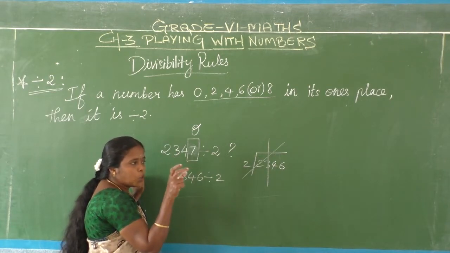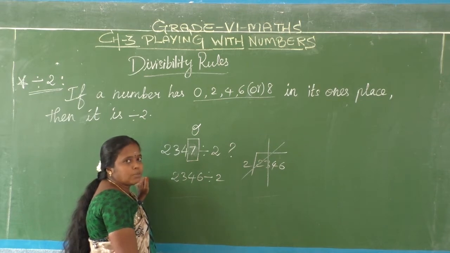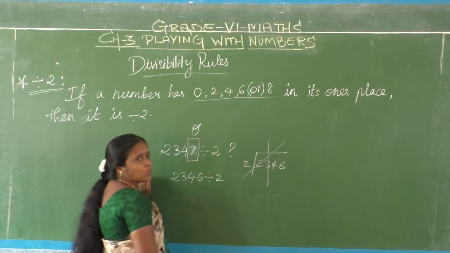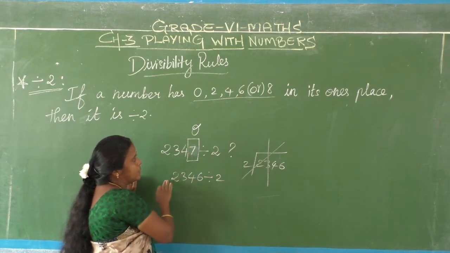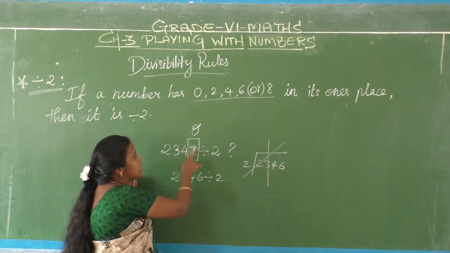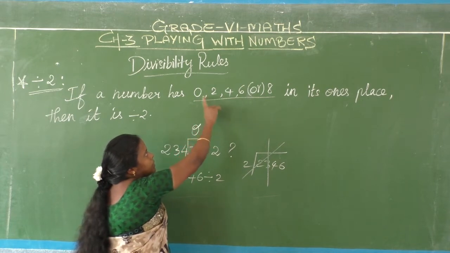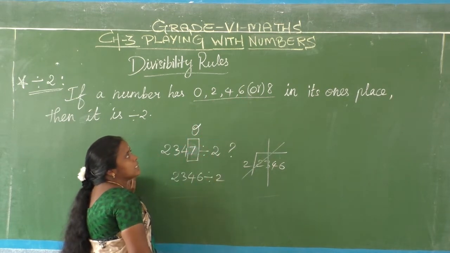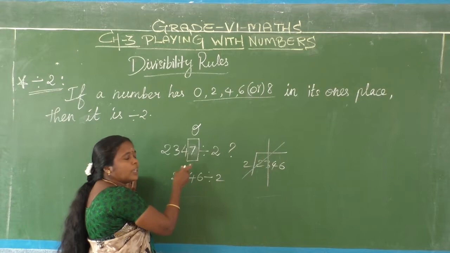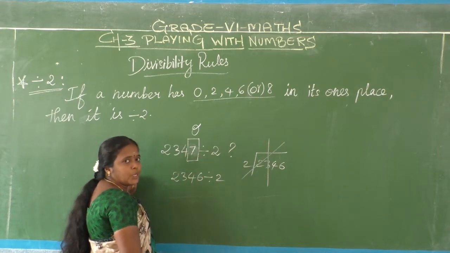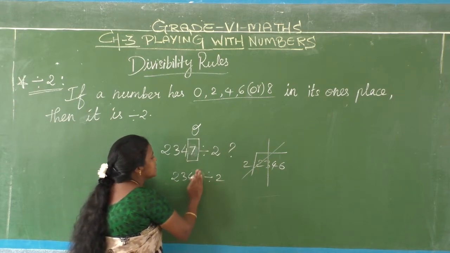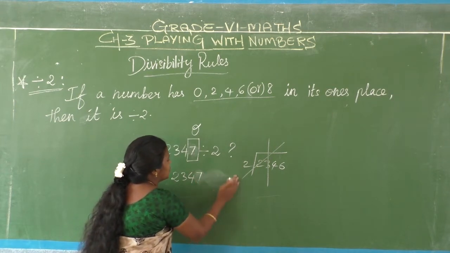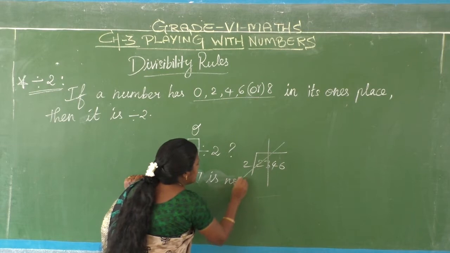If you watch closely the ones place numbers, you will get these digits only. So the rule is derived like this. If any one of these digits is present in the ones place of the number, we can tell it is divisible by 2. Suppose another digit is present, we can tell this is not divisible by 2.